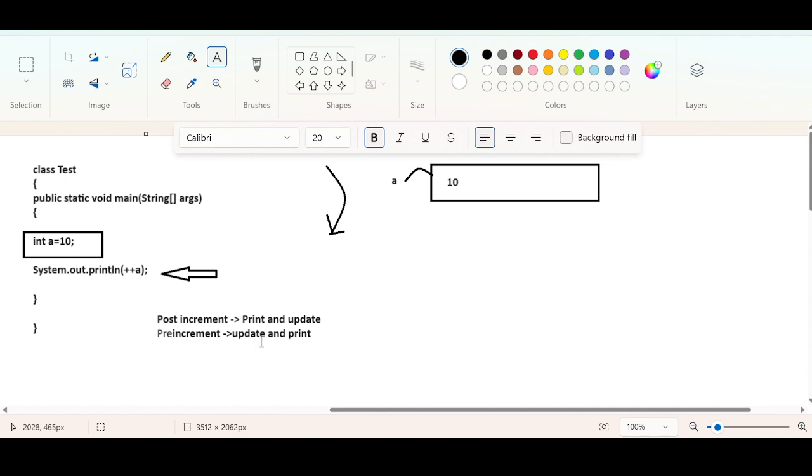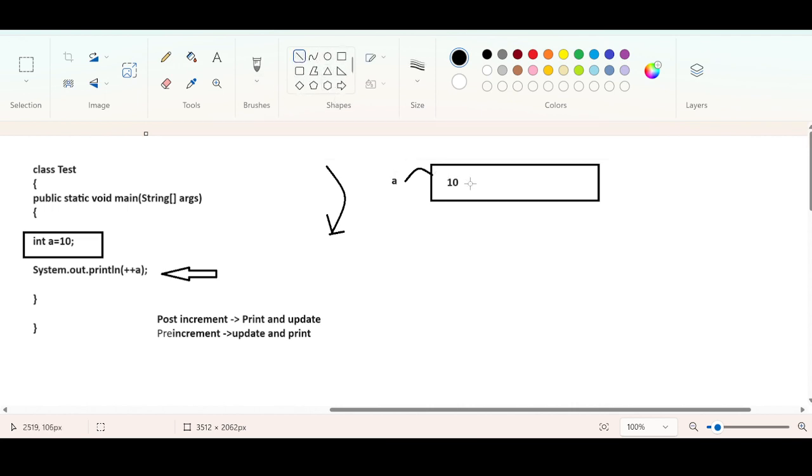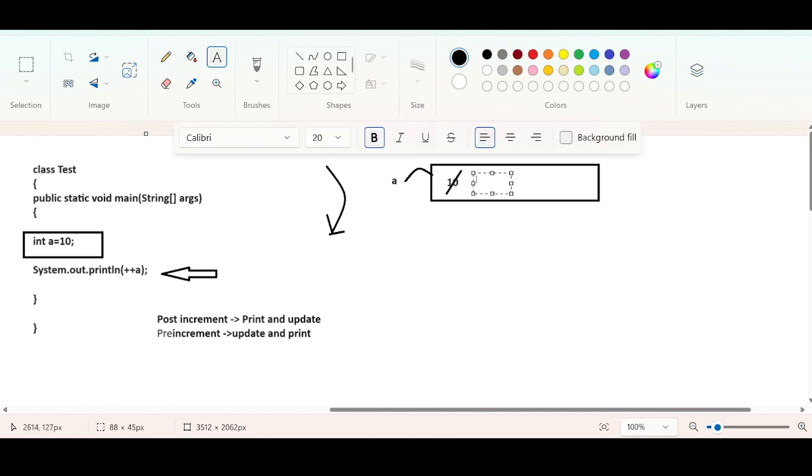For pre-increment, ++a, update the value in the memory. The value in the memory is 10, and ++ means 10 has to become 11. So the update is successful, then print. It will now read the value of a. The recent value of a is 11, so that's why 11 will be displayed. That is the concept.